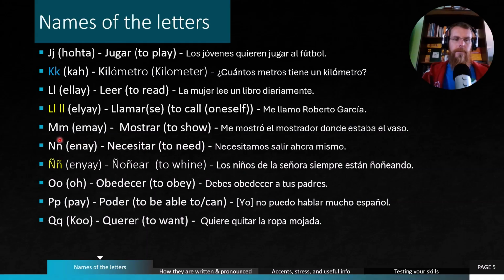M-A, and the verb is mostrar, which means to show. Me mostró el mostrador donde estaba el vaso. So me mostró means he showed me, or it could be she showed me.